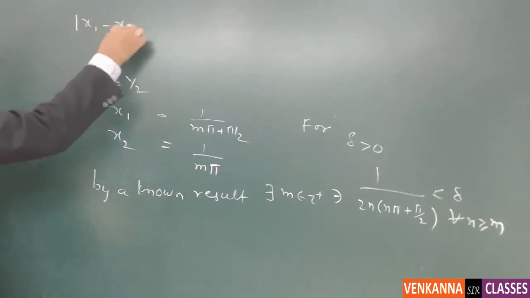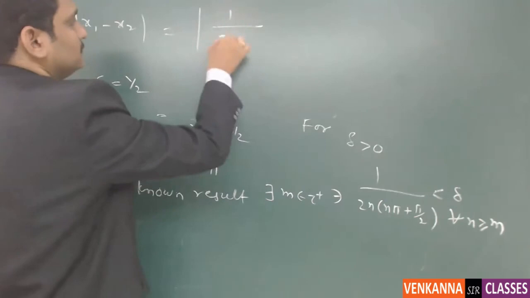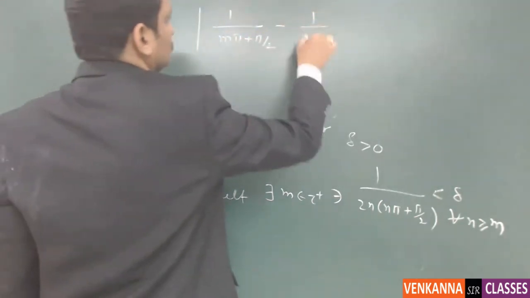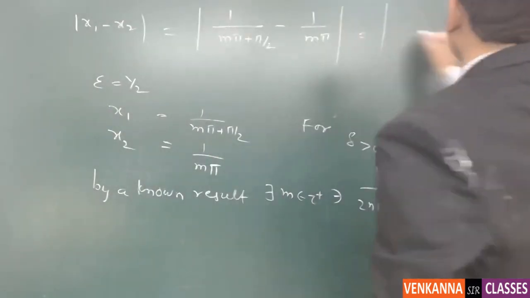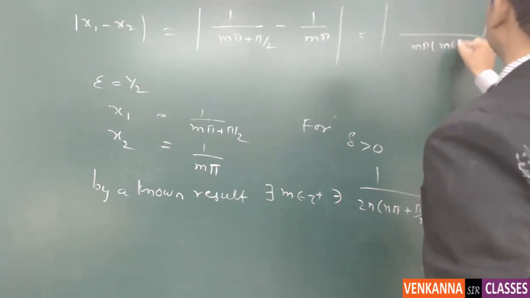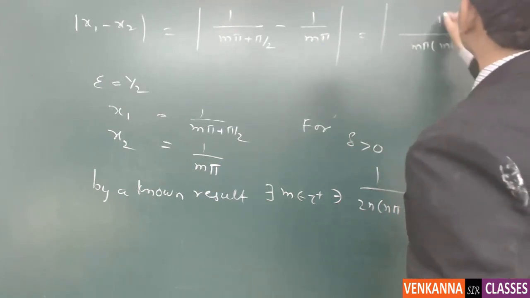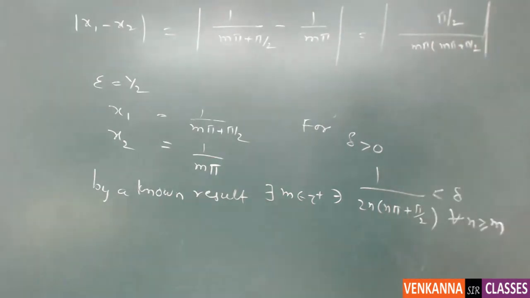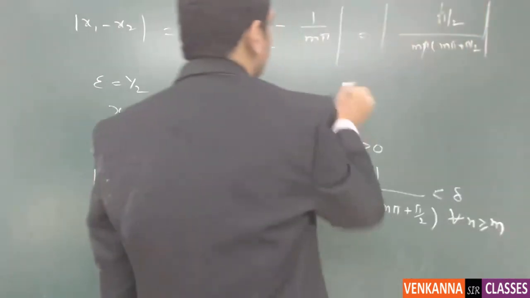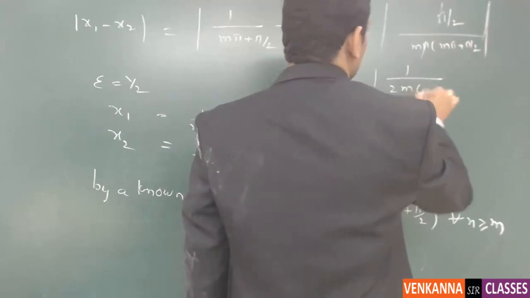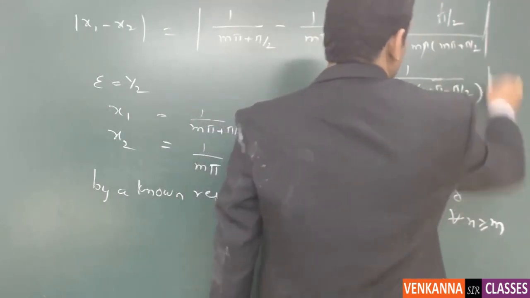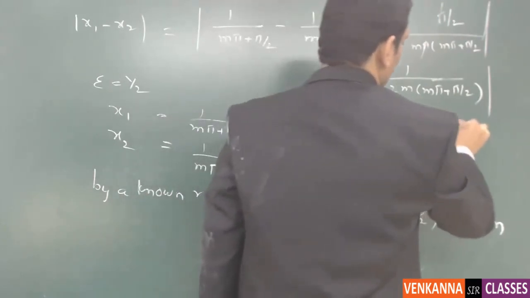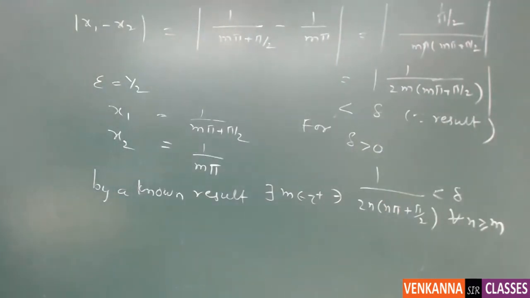Consider mod x1 minus x2, which is equal to the modulus of 1 by 2m into m pi plus pi by 2.